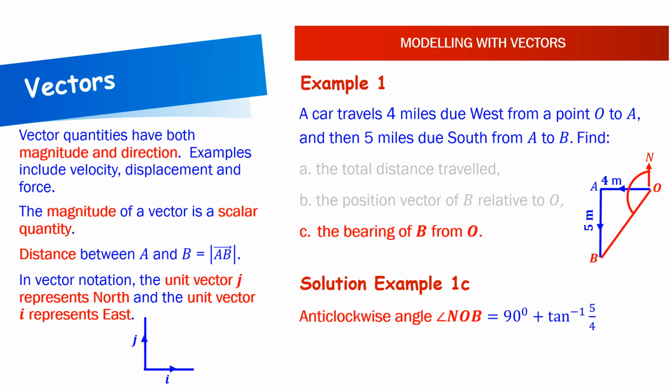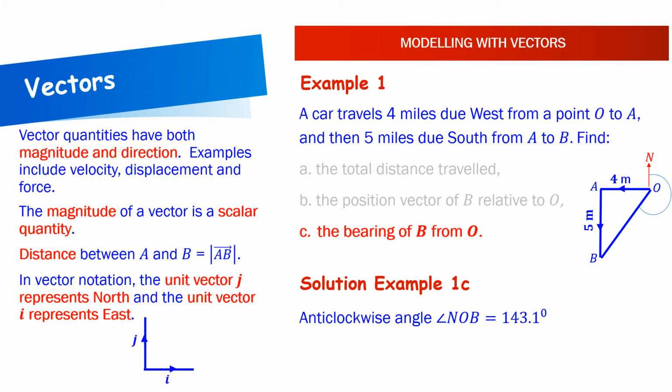So our angle NOB is equal to 90 degrees plus 53.1 degrees. And of course 53.1 degrees is tan inverse 5 over 4. Adding the two together gives 143.1 degrees. So the anti-clockwise angle NOB equals 143.1 degrees.